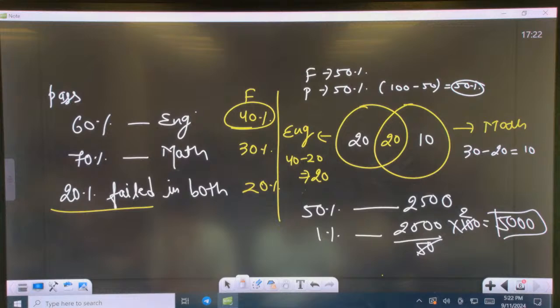I think some of you have not written it completely. Write the question: 60% passed in English, 70% passed in mathematics, but 20% failed in both. Full stop. If 2500 candidates passed in both the subjects, then find the number of students who appeared in the exam. This is the complete question.